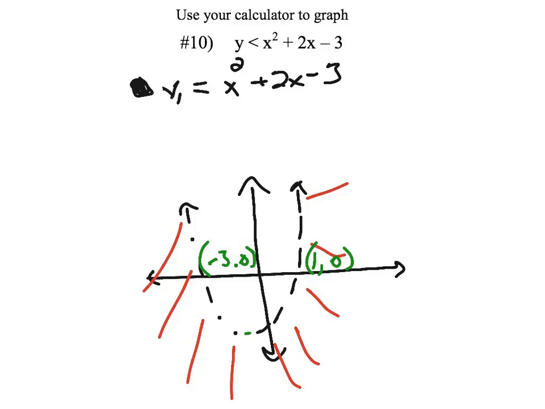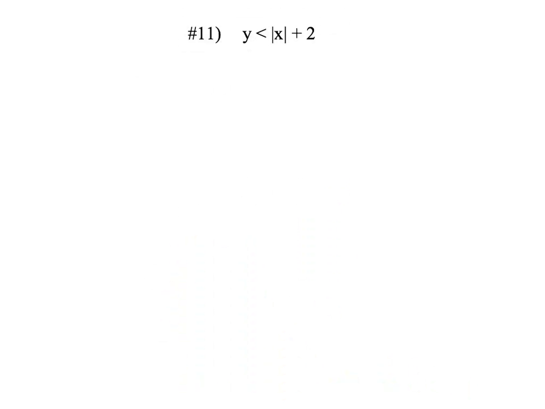If you ask it for the minimum, by doing second calculate minimum, you should get negative 1, negative 4. If you ask for the y-intercept, you should get negative 3. That's it for 10.